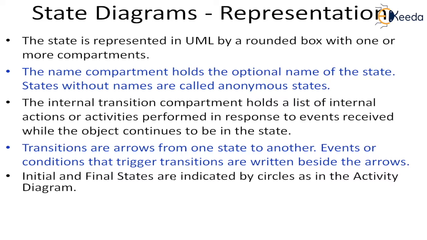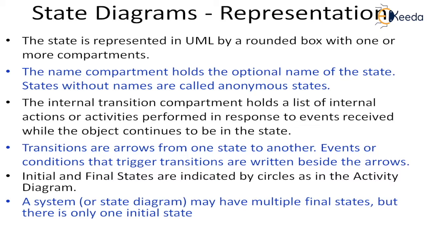Initial and final states will be indicated by circles, as in other diagrams such as the activity diagram. A state diagram may have multiple final states, but there will be only one initial state. Multiple final states can happen because under different conditions, the object will go to different final states through different paths.